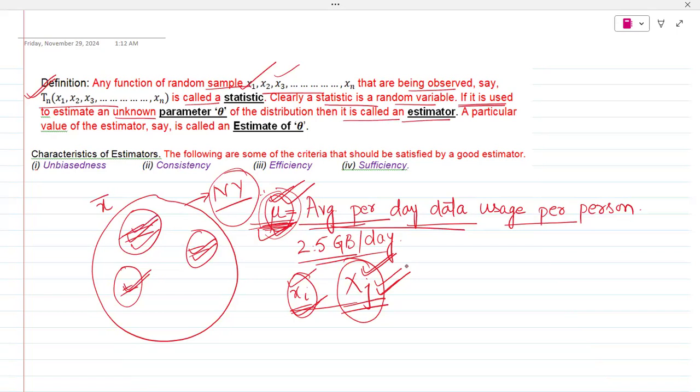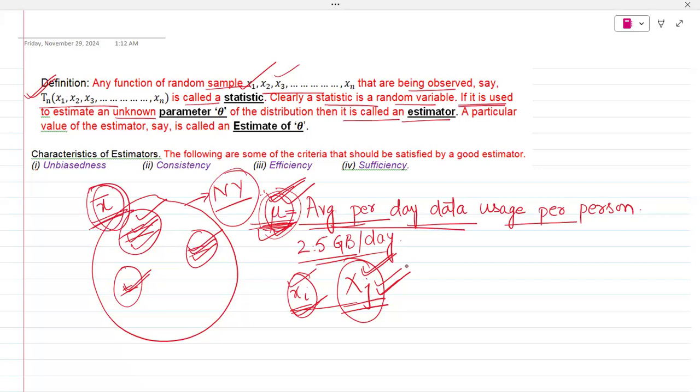I will try to estimate this mu with the help of X bar. So what will be X bar? This will be the average per day data usage of, say, the first sample, second sample; each sample will have its own X bar, the sample mean.